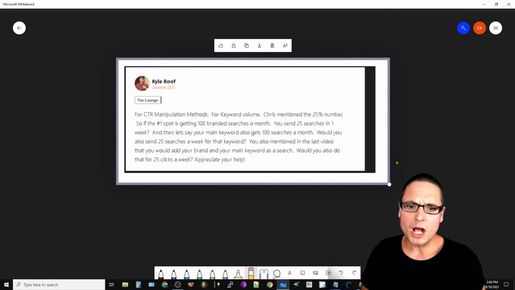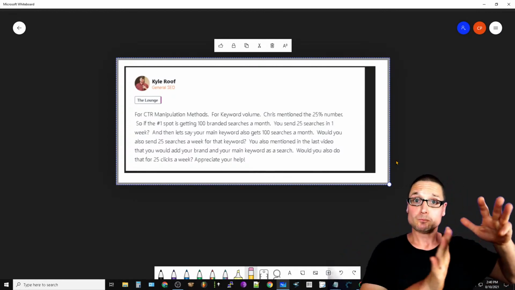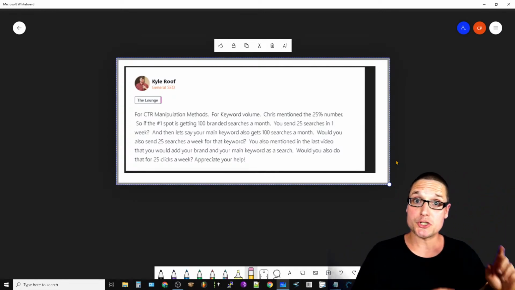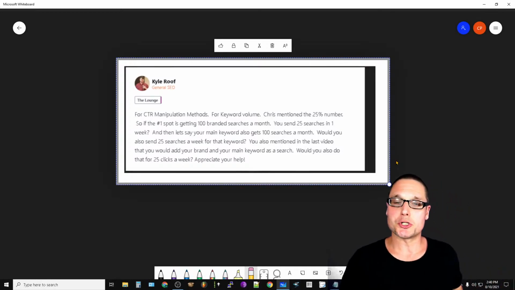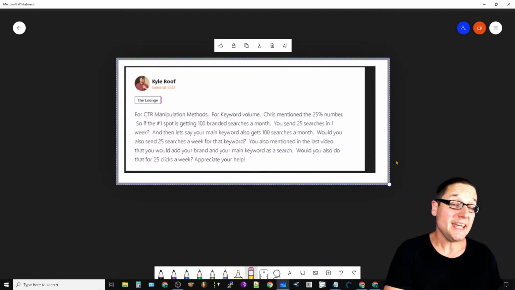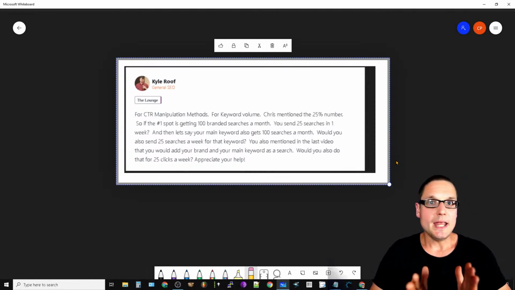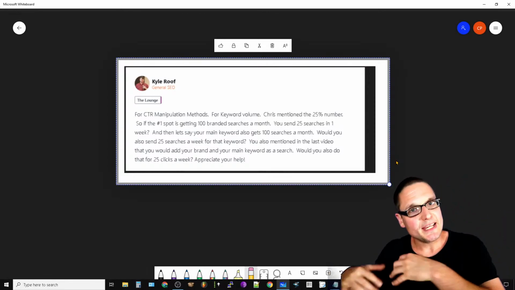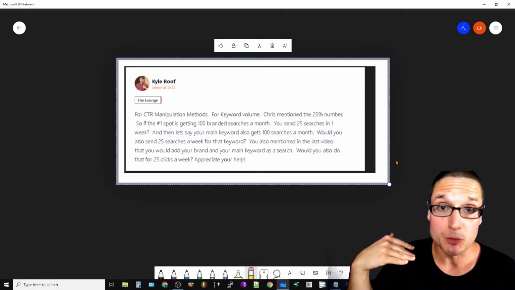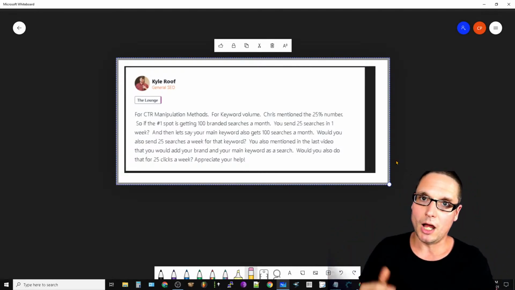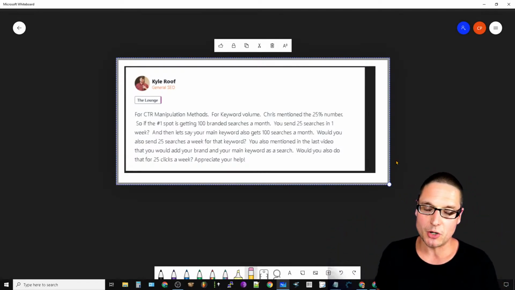And when we're talking about the branded search terms or brand plus keyword search terms, a brand plus keyword search term is not a branded term. It contains branded, but if you take a look, and we're going to go over a lot of different examples today I want to share with you.